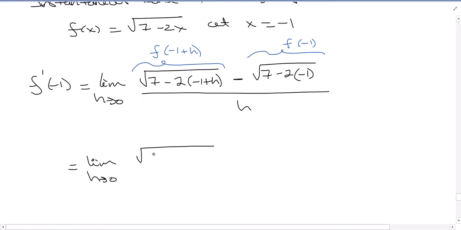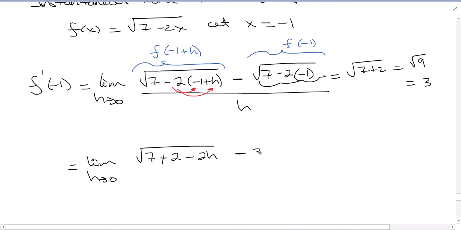So this becomes the square root of 7 minus 2 times -1, which becomes +2, and -2 times h becomes -2h. Minus the square root of 7 plus 2, right? Minus 2 times a -1 becomes plus 2. So this is the square root of 7 plus 2, which is the square root of 9, which is 3. So minus 3 all over h.